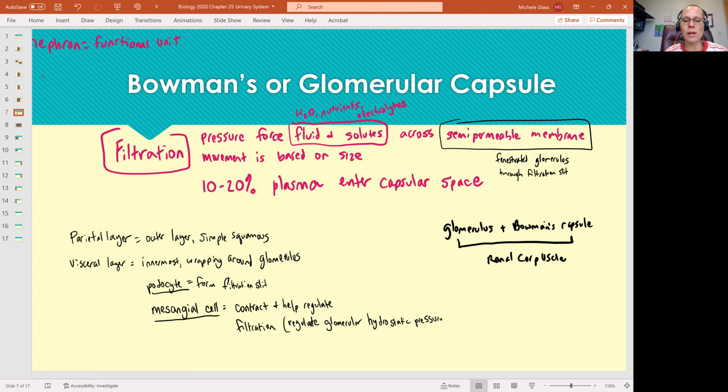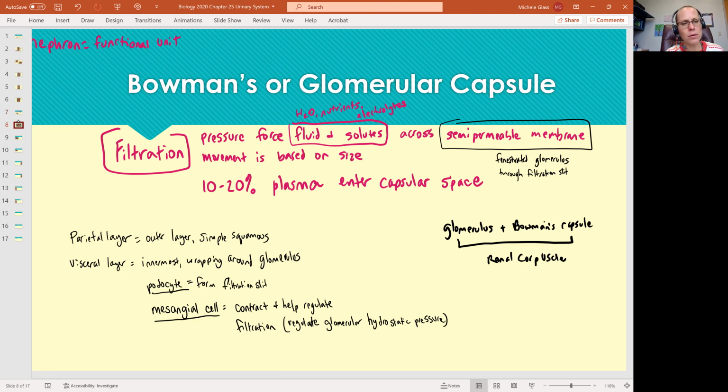So we'll talk more about this in the future, but the mesangial cell is involved in helping to regulate the glomerular hydrostatic pressure by contracting. It's positioned such that it's causing a little bit of constriction of the glomerulus, essentially.